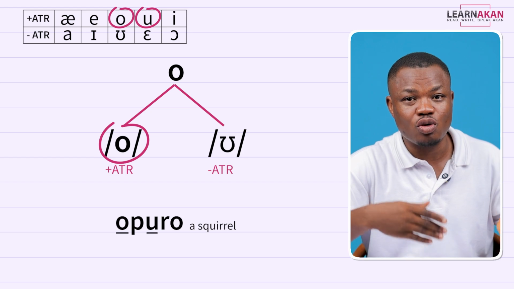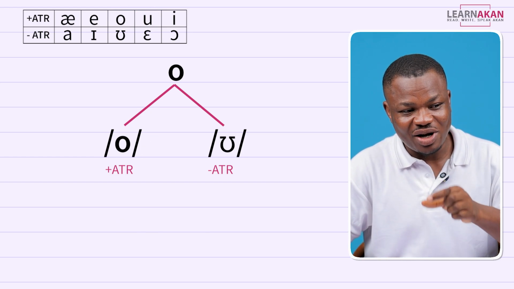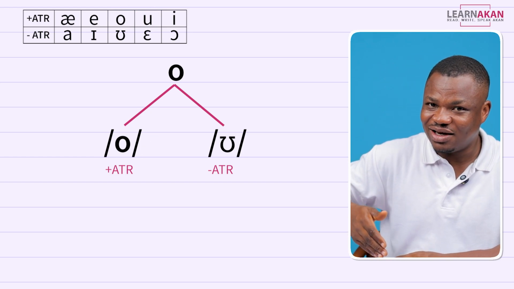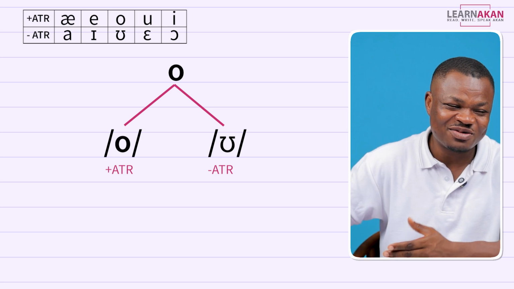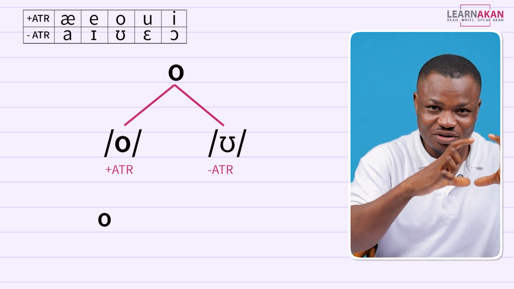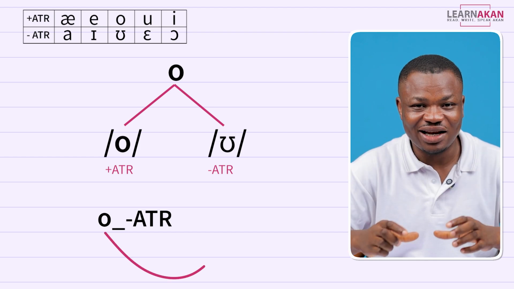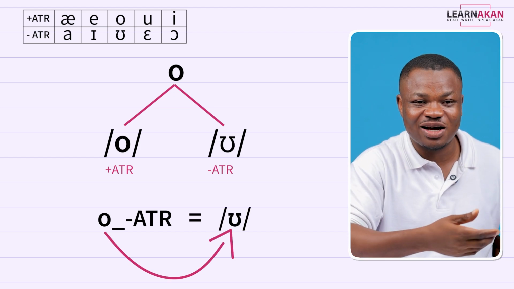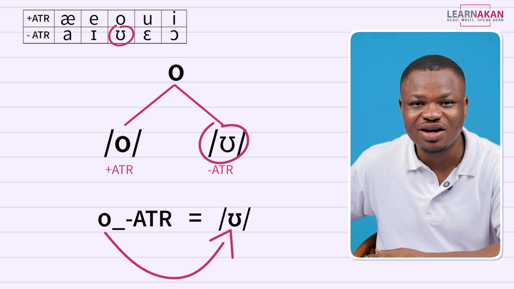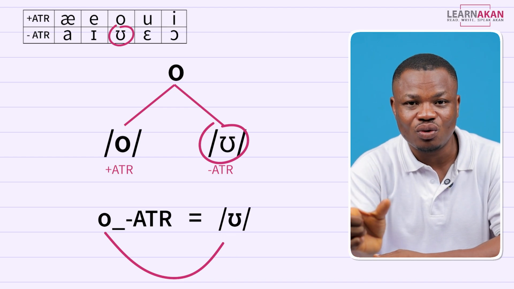So we have opru, okay? But if you find that the next vowel that comes after the vowel O is a minus ATR sound, then the O will most likely be pronounced as the minus ATR equivalent.